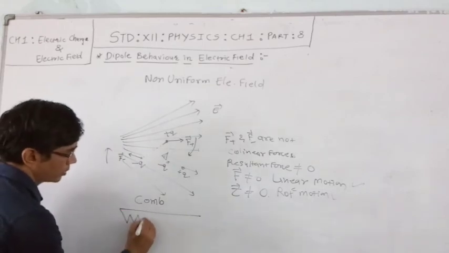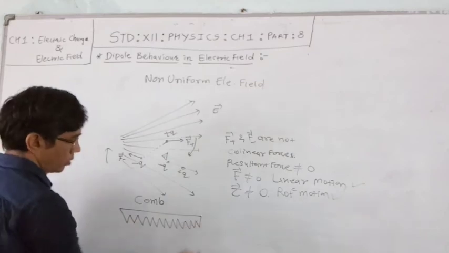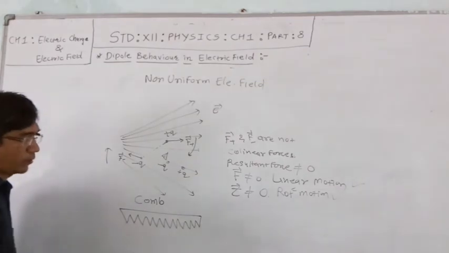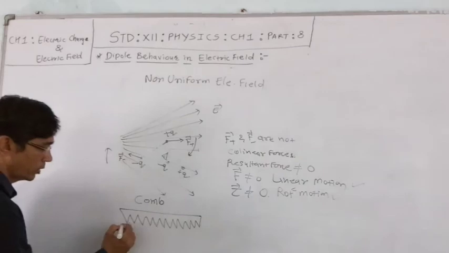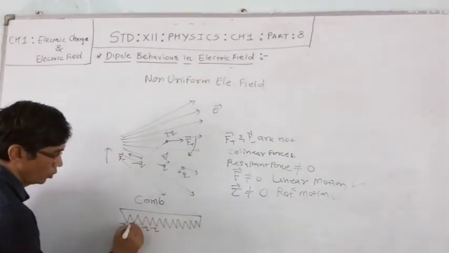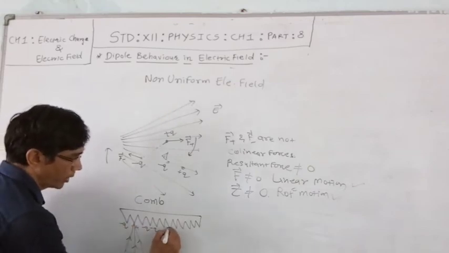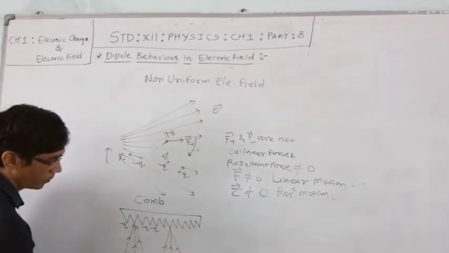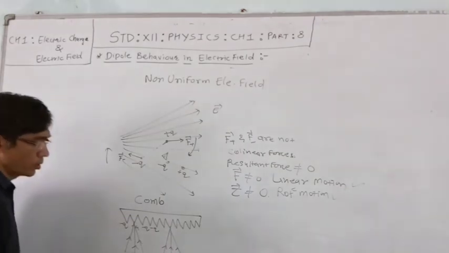Suppose this is the comb, and here the charges are deposited. When you move the comb in your dry hair, charge, let us take minus charge, is deposited. So the electric field is in this direction. This is the non-uniform electric field. When the paper particles are near this comb, what happens?